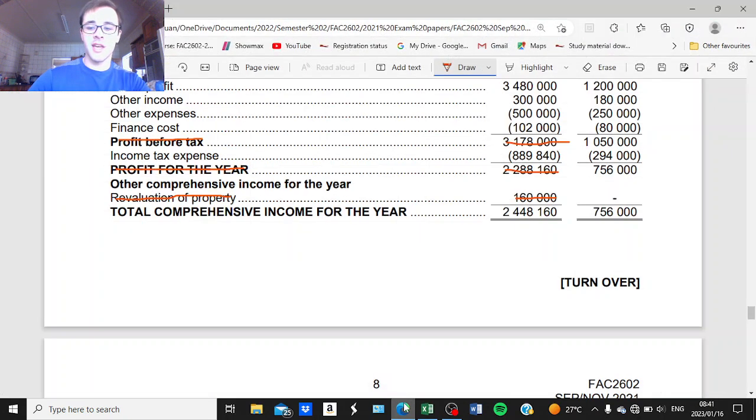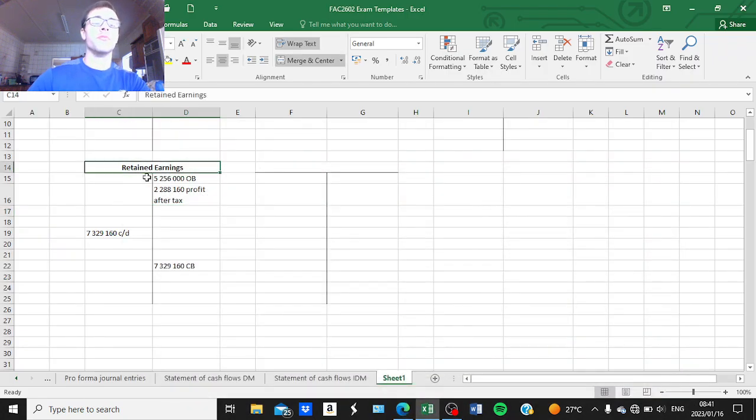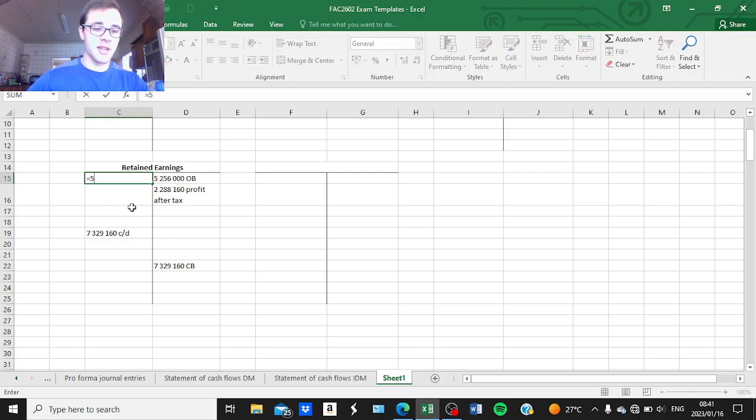So the balancing figure, again, will be the dividends declared, and that balancing figure will be on the debit side. So the dividends declared amounted to 215,000 Rand. Okay, I have also shown this general ledger account in the suggested solutions to this question.